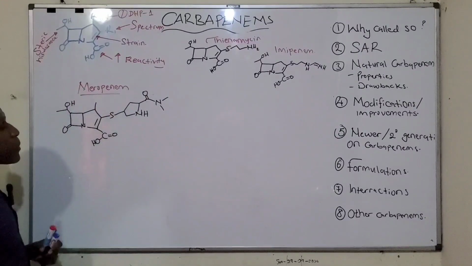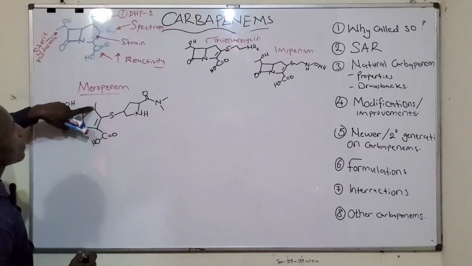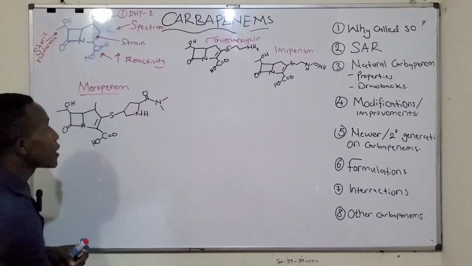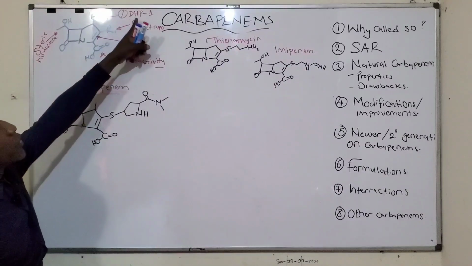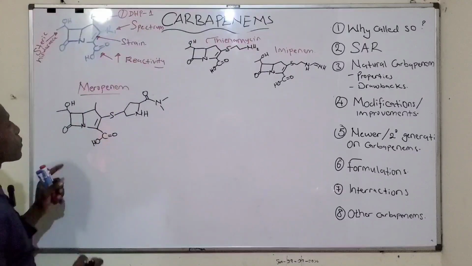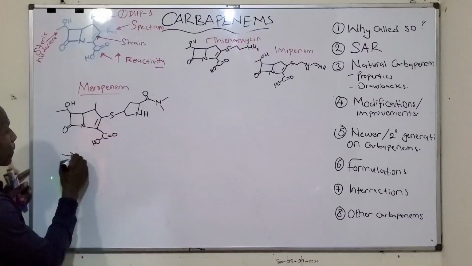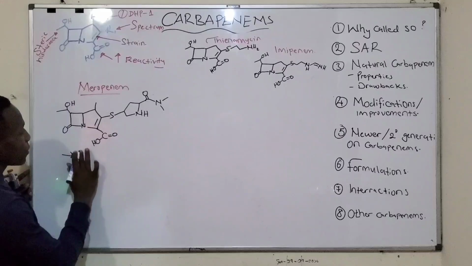This is meropenem. We said that a methyl group at this position, from the SAR investigation, decreases the degradation by DHP1. So this drug is not degraded by DHP1.